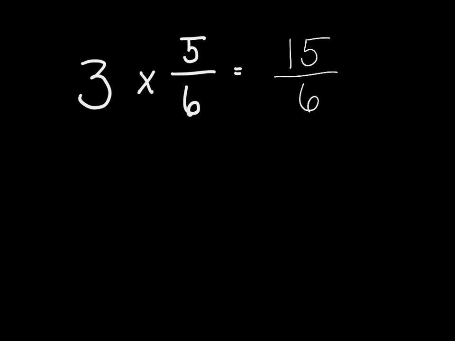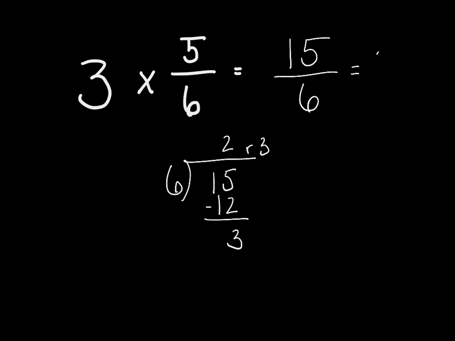And the faster way I showed you is just division. 6 into 15 goes in twice. That's 12 with the remainder of 3. So how many wholes are in there? There's 2 wholes. The denominator always stays the same, and the numerator is the remainder. So 2 and 3/6.